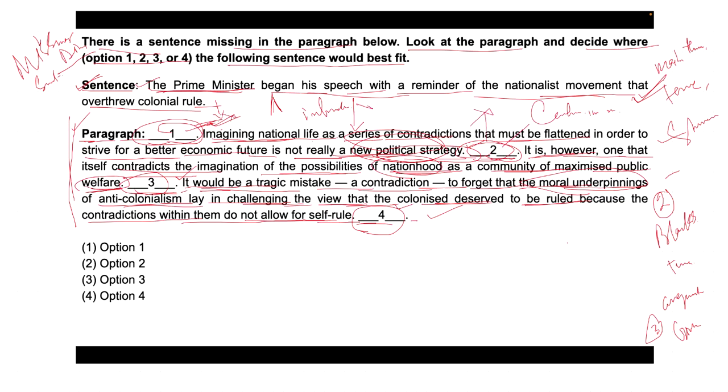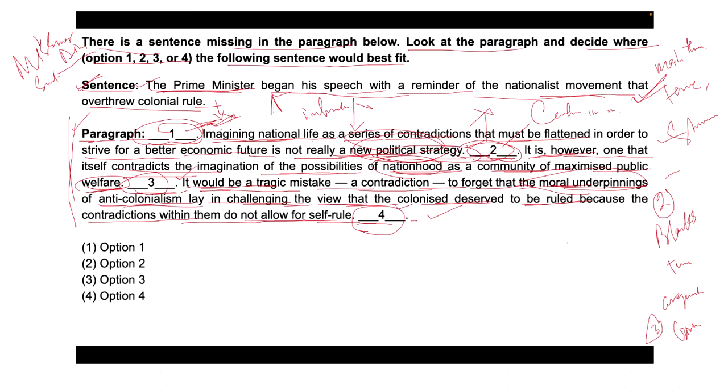Because in option 1, it is stated nothing but a general political strategy, right? Because the sentence introduces a specific historical context. Whereas the first blank discusses general political strategy, and blank 2 cannot be because it makes a contradiction in nationhood and welfare, not directly related to the historical context of the nationalist movement.